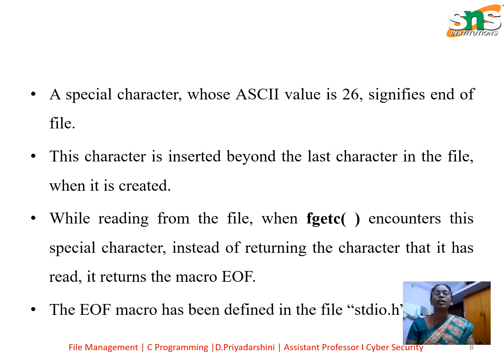The next is the ASCII value, which signifies that the file is not at its end. It ensures that the content is literally there. This end character is inserted beyond the last character in the file when it is created.